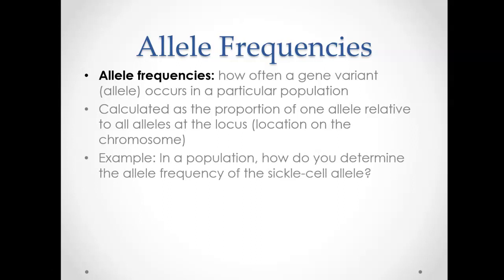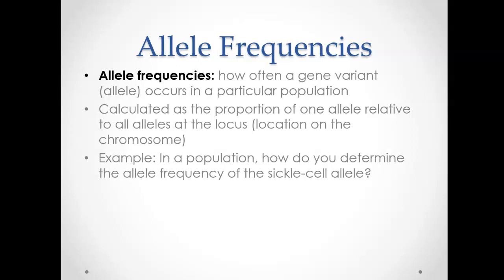So in the previous lectures, when we were talking about inheritance of things like cystic fibrosis and sickle cell disease and those types of things, we talked about the frequency, right? So people with a Caucasian ancestry had a 1 in 300 chance of being a carrier for cystic fibrosis. But how do we know that?